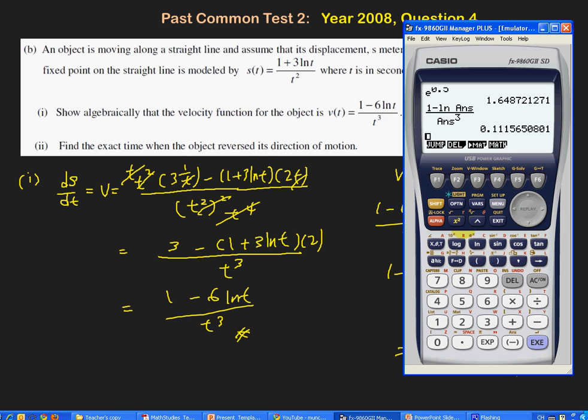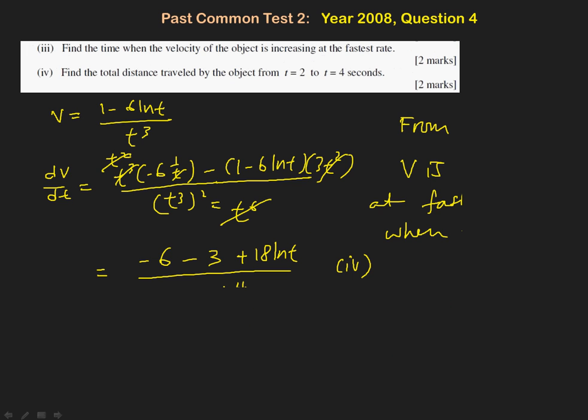So we're trying to calculate e to the power of 1 over 6. So it's 1.18 and it's less than 2. That means the object reverses its direction only once, when time is roughly 1.18 seconds.